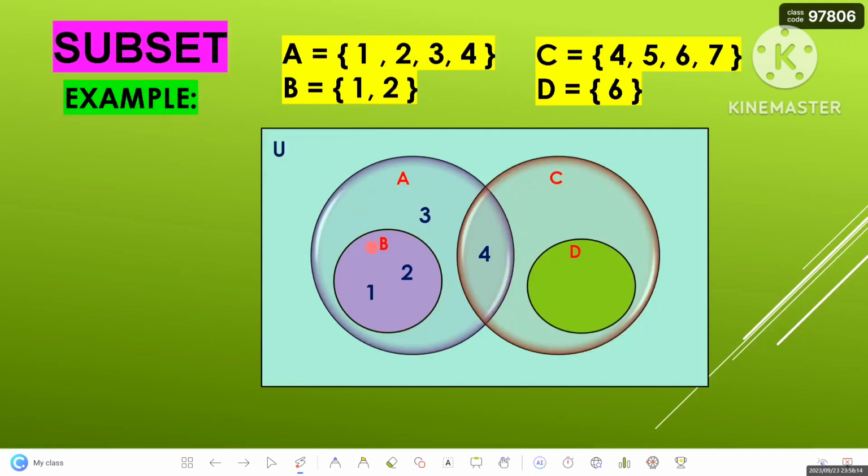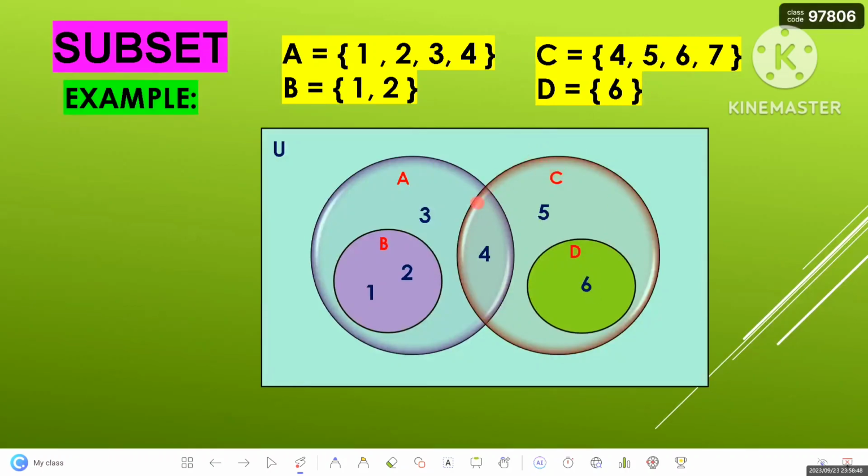Ang set B naman, we have 1 and 2 only. For the set C, nakuha na si 4. Paano si 5, 6, and 7? Look at this 5. 5 is only in C, so ilalagay natin ang 5 sa loob ng set C. And then, yung 6 naman, since they have their common 6, ang set C at set D, ilalagay natin dito sa loob.